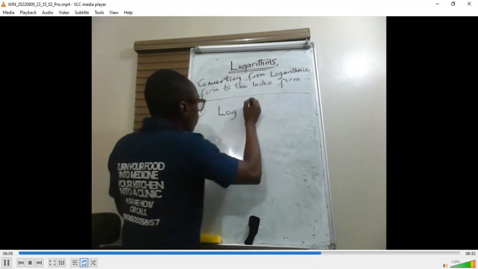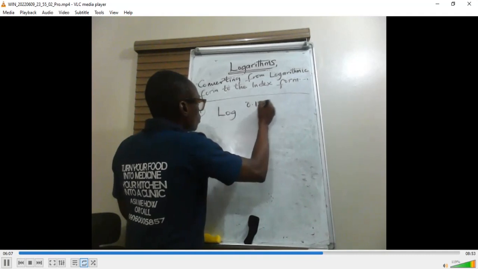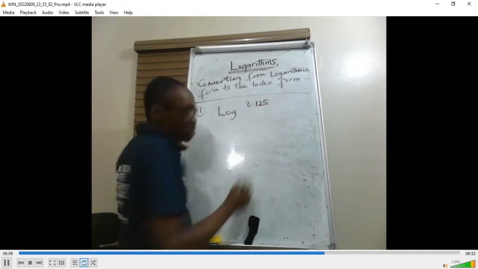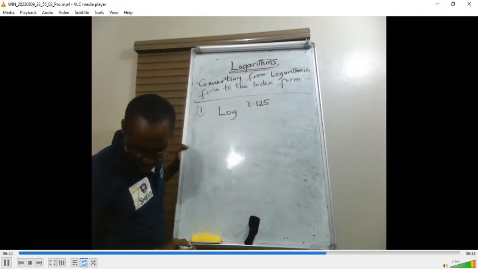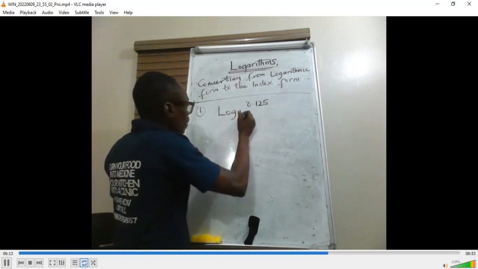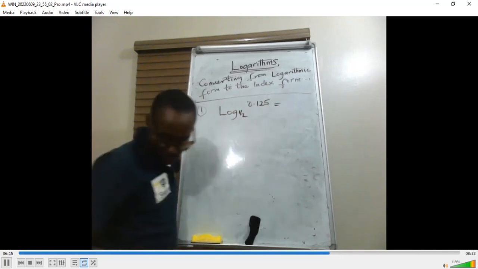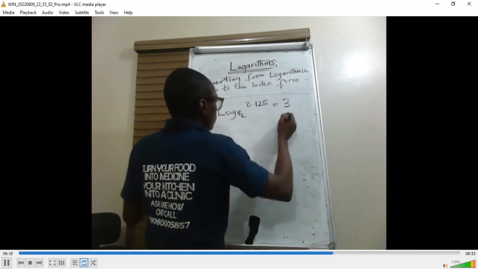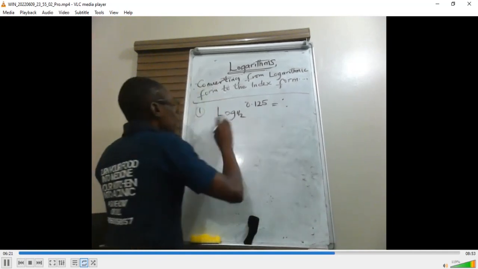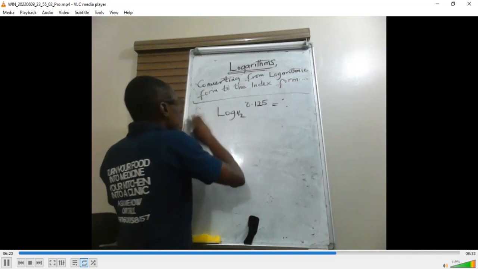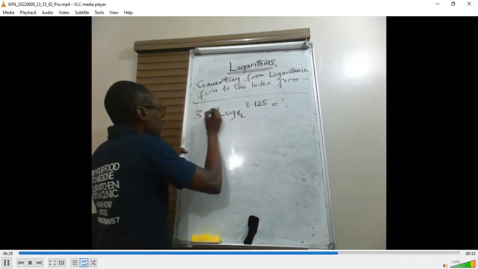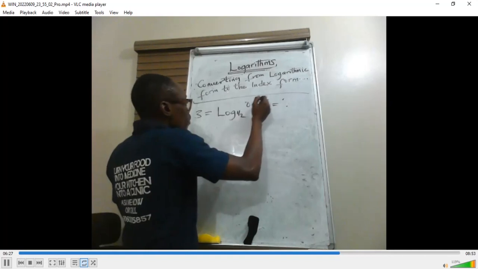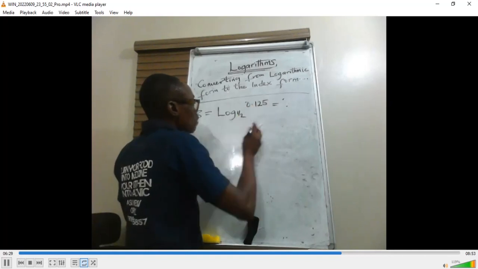So you have log 0.125 to base half equals 3. I'm going to write that 3 equals log 0.125 base half.